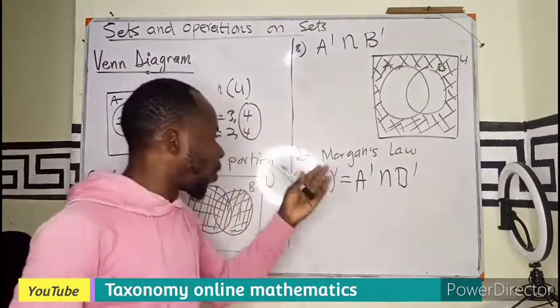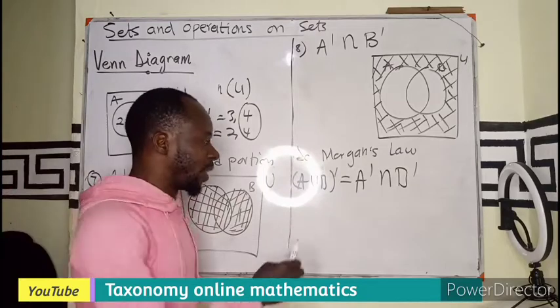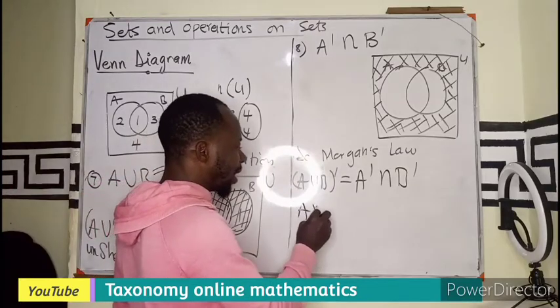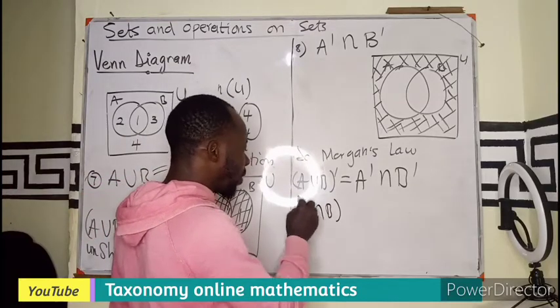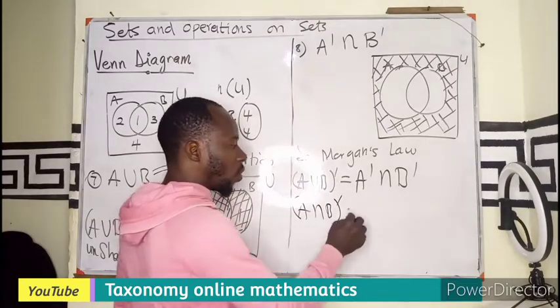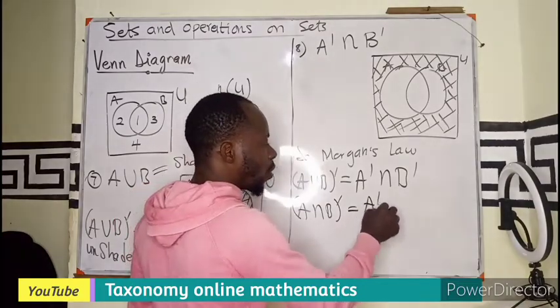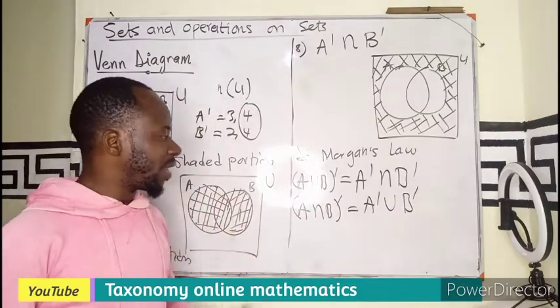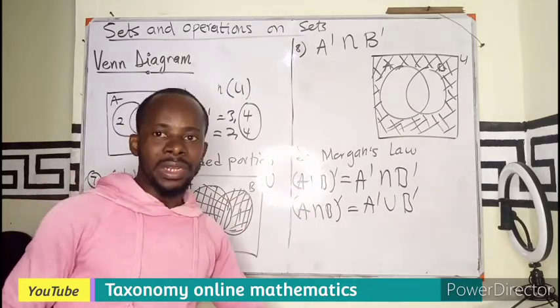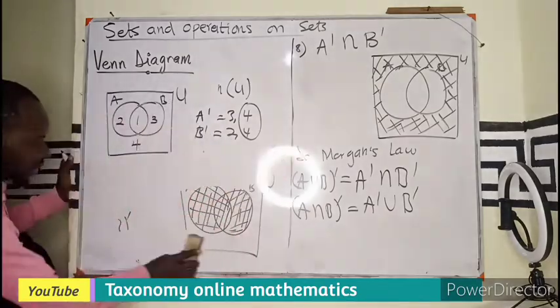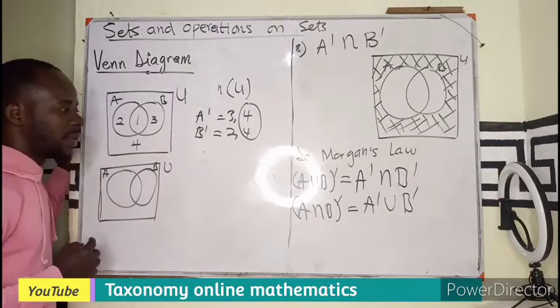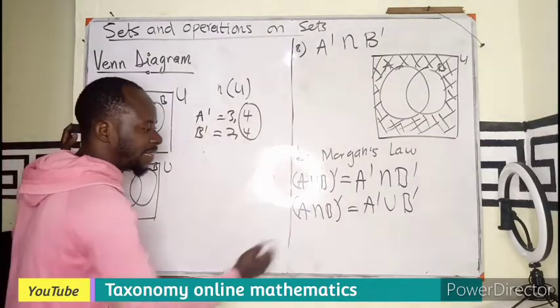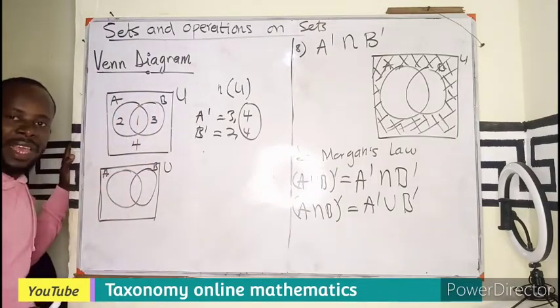Alright, and that will also be true if this becomes A intersection B complement. That should also be equal to A complement union B complement. These are the two laws under De Morgan's law. If I want to take this one, A intersection B, what is A intersection B?